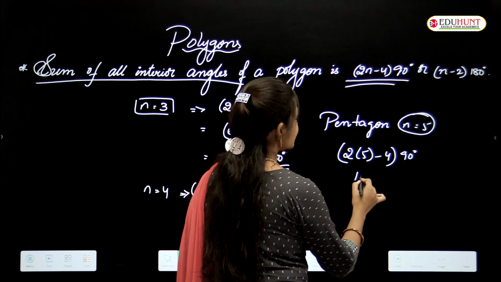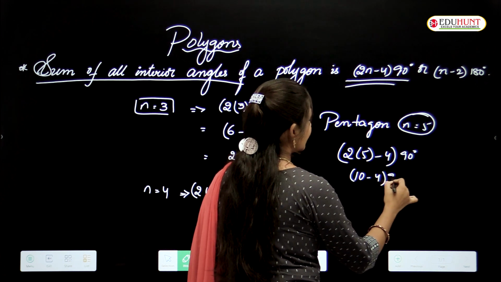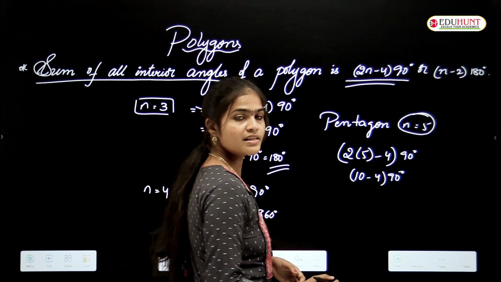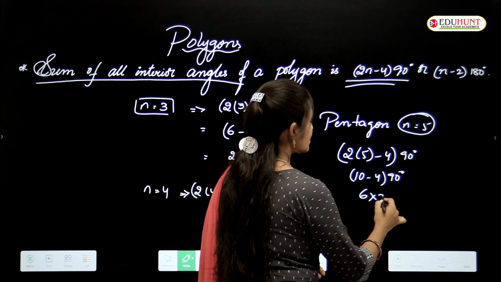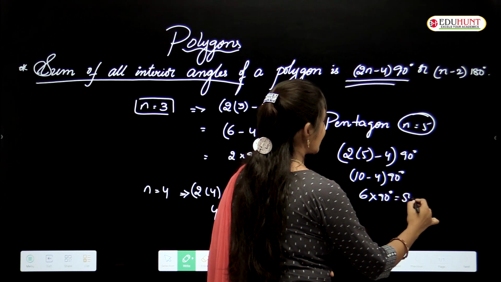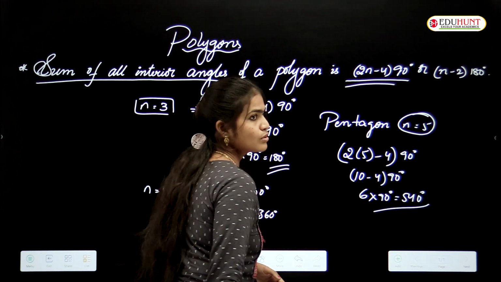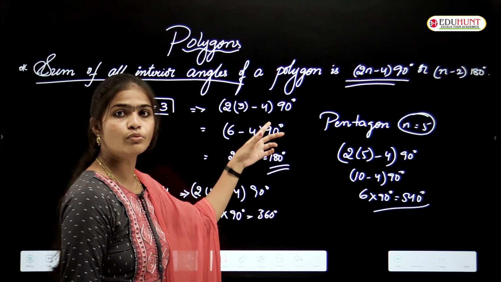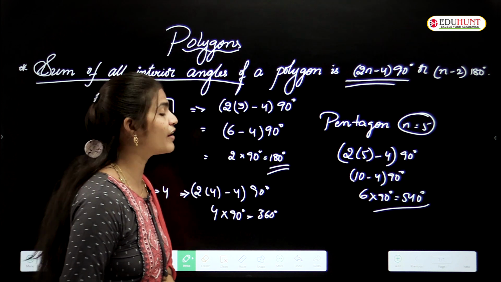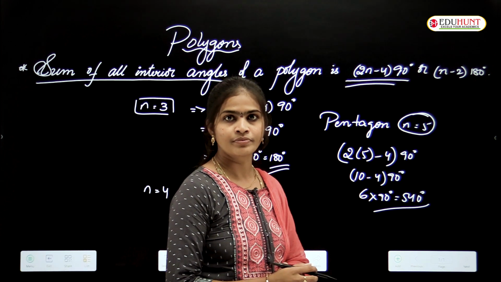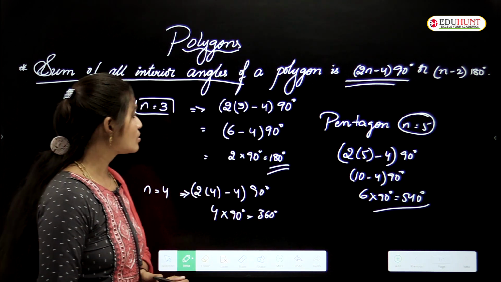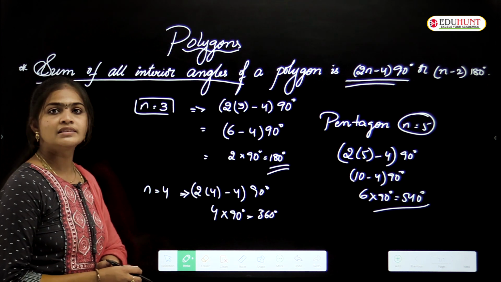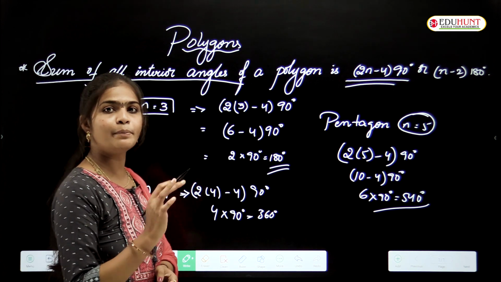So 2 into 5 is 10, minus 4 is 6, so 6 into 90 degrees, which equals 540 degrees. So the sum of all interior angles of a pentagon is 540 degrees. Is it clear? Like this we can find the sum of all interior angles of any polygon.